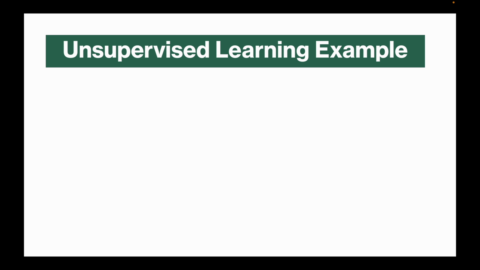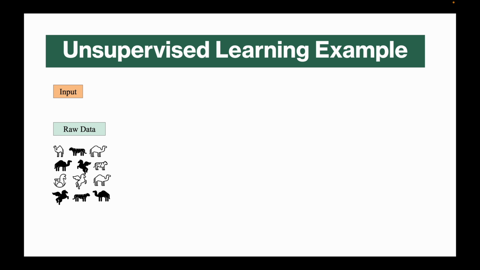Let's see an example of an unsupervised machine learning algorithm. For input, we have a large collection of tigers, camels, and horses dataset, but these data are unlabeled. Then the algorithm is trained with these raw datasets. In the interpretation stage, the model figures out how to organize raw datasets based on inherent patterns and structures.